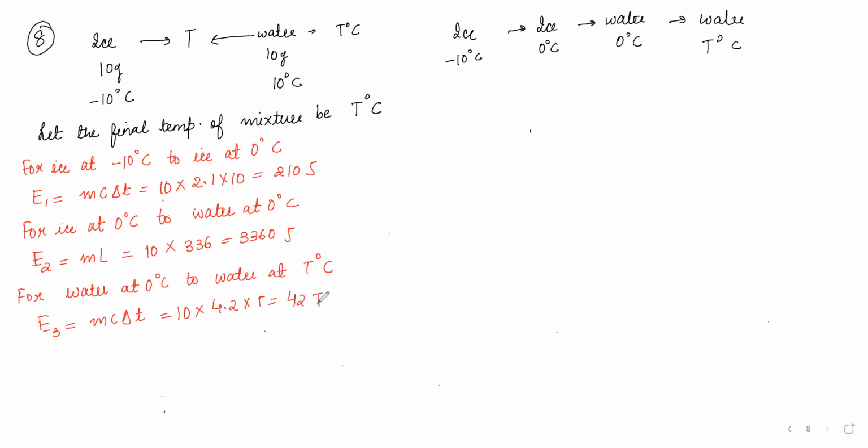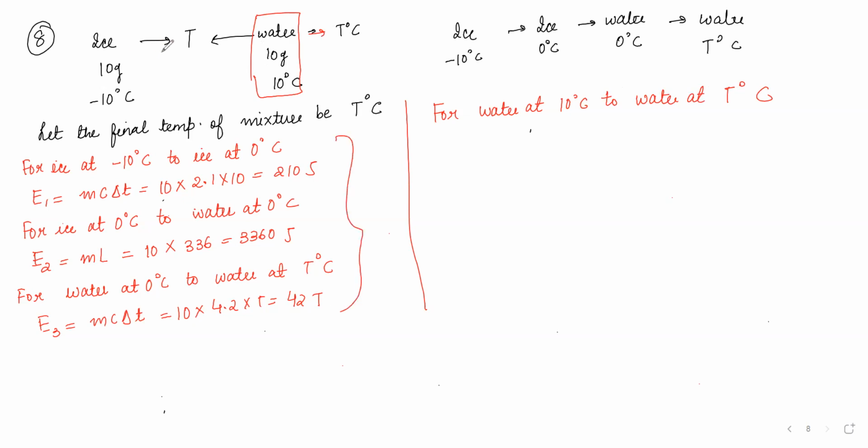Okay, so this is for ice. Now what you will be writing for water at 10 degrees Celsius to water at T degrees Celsius. Because that is also getting decreased, right? We are talking about this water now. This water, which was at 10 degrees Celsius, now also has to come to T degrees Celsius, because that is the intermediate temperature. So all these steps were for this conversion. Now this particular step is for this conversion.